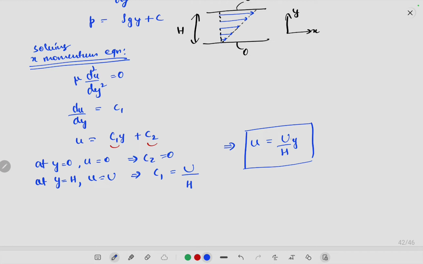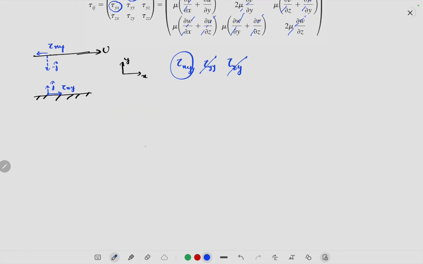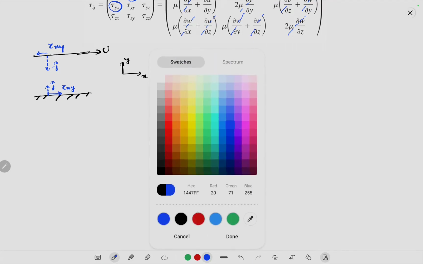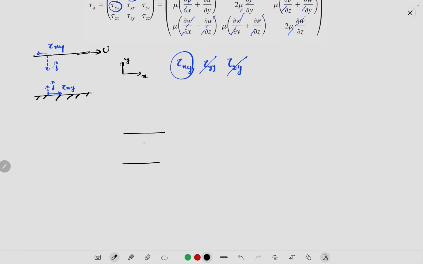So such type of flows where the velocity is proportional to the distance in fluid dynamics, such type of flows in which you have a fluid between two parallel plates and one of them is moving with a velocity u, such type of flows are called Couette flows. Okay, so the problem that we just did was the problem of a Couette flow.